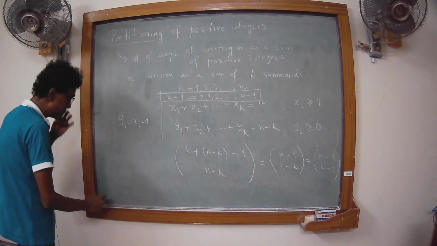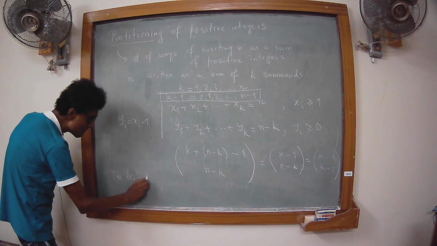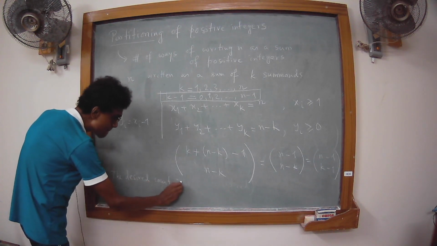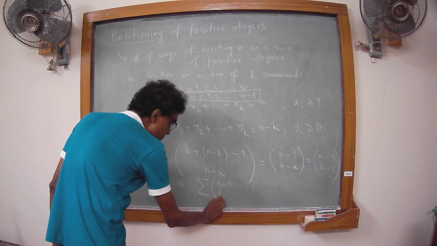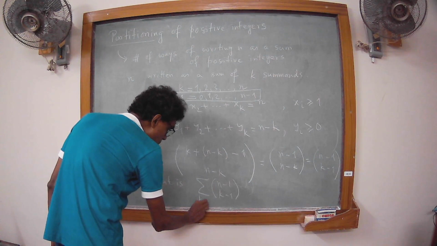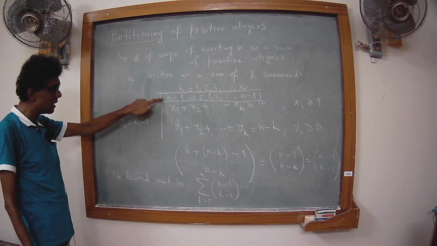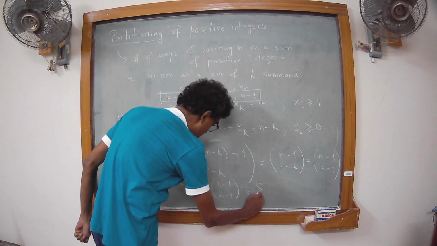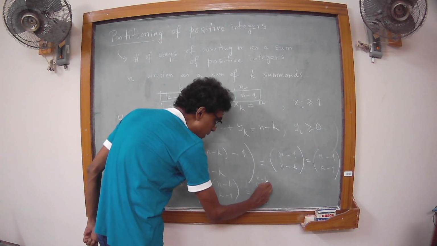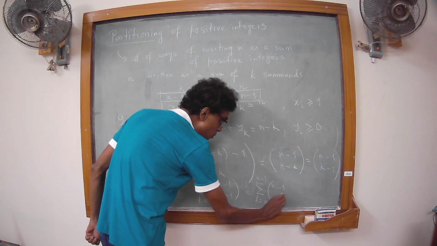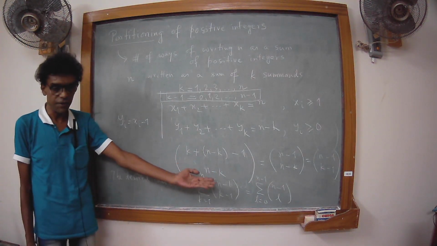Therefore, if I sum over all possibilities of k in the allowed range, or equivalently of k minus 1, the desired count is the summation over k equal to 1 to n of n minus 1 choose k minus 1. If I give k minus 1 some name like L, then this is the summation over L equal to 0 to n minus 1 of n minus 1 choose L, and this is nothing but the sum of the binomial coefficients.